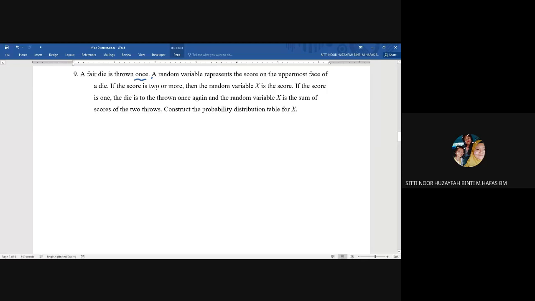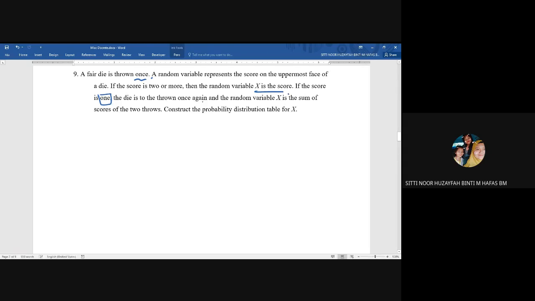If the score is 2 or more. So, if we throw the die and we get 2 or more, then the random variable x is the score. So, let's say we throw the die once, so we get 3. So, the score will be 3. If the score is 1, so other than 2 or more, it will be 1 lah, the only one. The die is thrown once again.